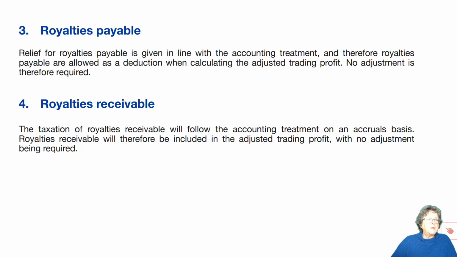Now you're probably more familiar with Amazon Music or Spotify, whereby if they want to play somebody's music, Taylor Swift, Robbie Williams, they have to pay royalties to them every time they do that. So basically anything that is payable is allowable, it's deductible. Anything receivable is on an accruals basis and just goes in trade profits.